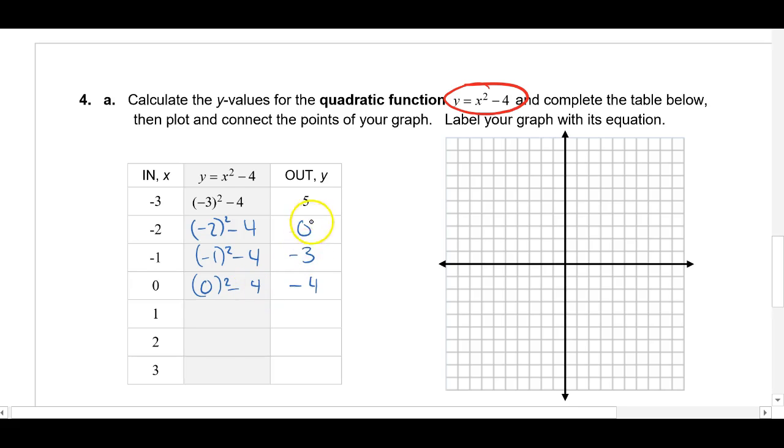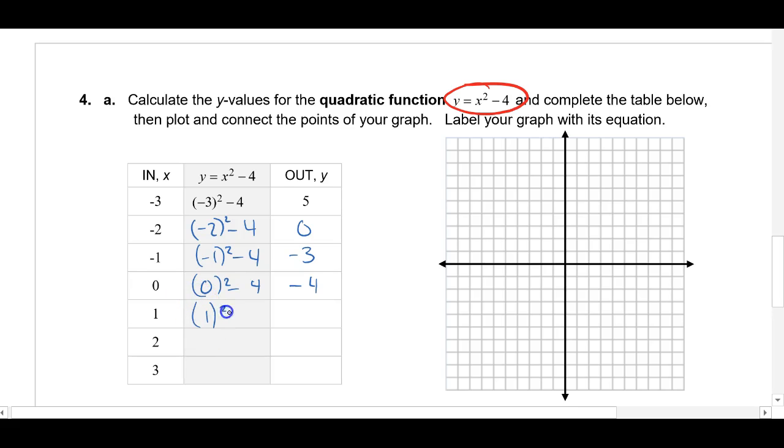And as you may have noticed the last time, when you start with negative numbers and go back the other way, the numbers will be the same: 5, negative 3, 0 going the other direction.